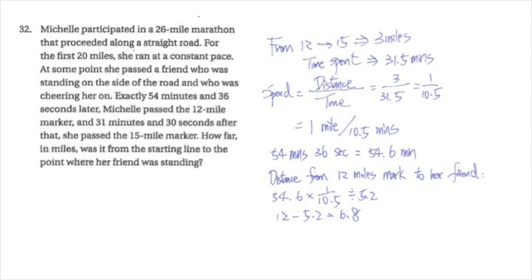And 54 minutes and 36 seconds is 54.6 minutes. So the distance from the 12-mile mark to her friend is time spent times the speed, which is 54.6 times 1 over 10.5, which is roughly around 5.2. So what we're looking for is 12 minus 5.2 equals 6.8.